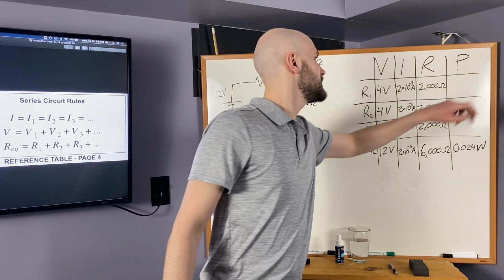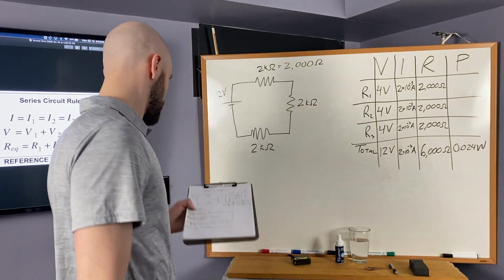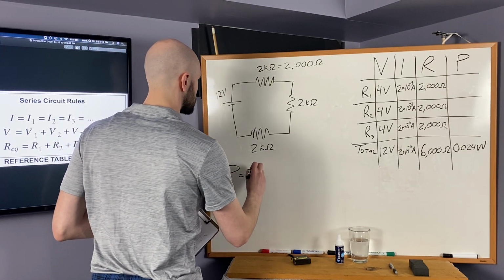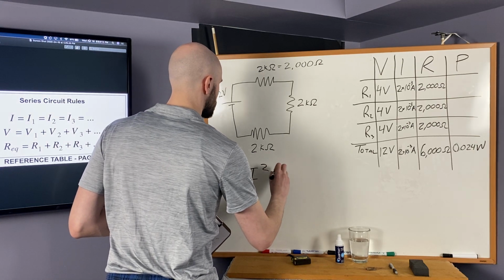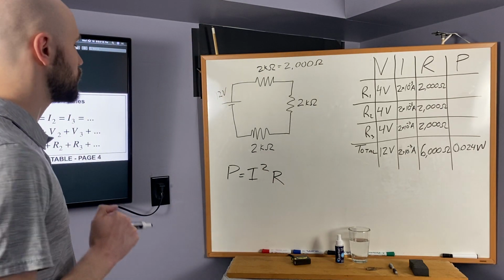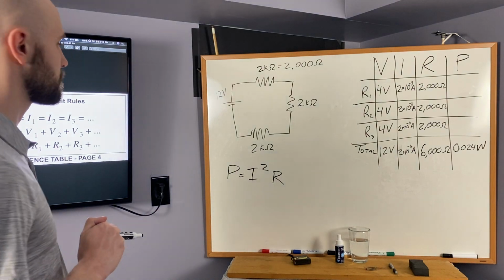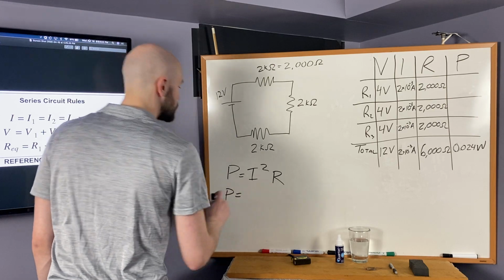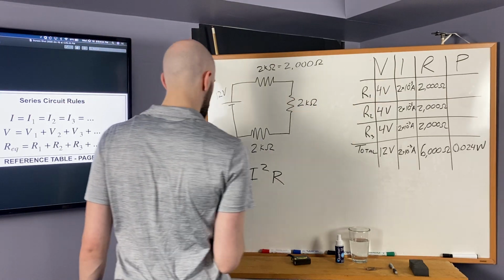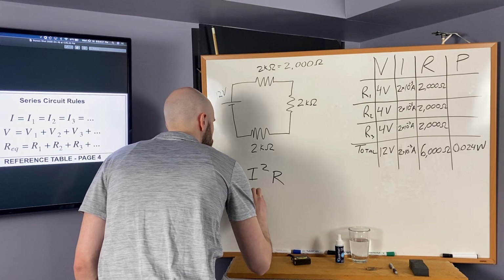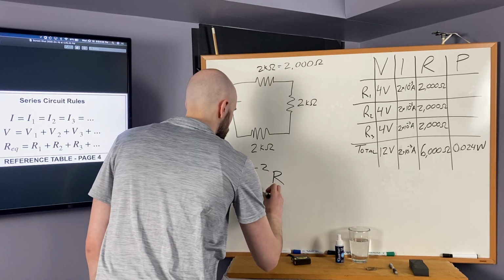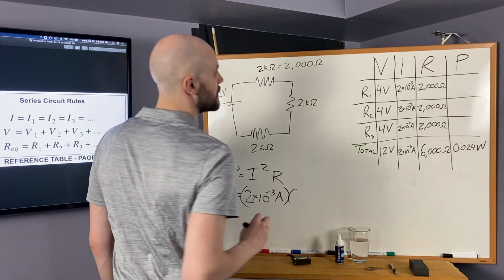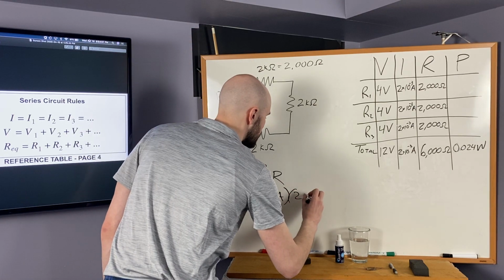All right, let's find the power dissipated by resistor 1. I'm feeling crazy, so I'm going to use this equation. P is equal to I squared times R. That's another valid power equation. So this is for resistor 1. We look over to resistor 1. We see 2 times 10 to the minus 3 amps multiplied by the resistance of resistor 1, which is 2,000 ohms.